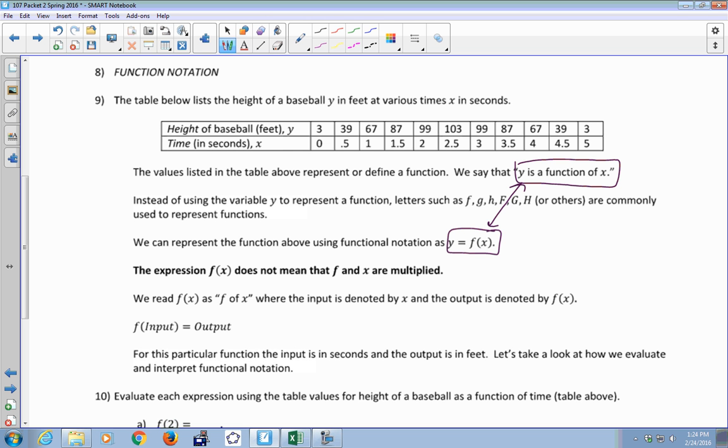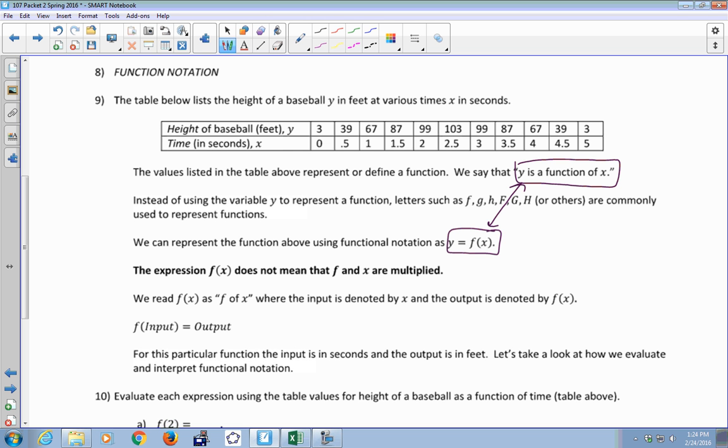Really important, this f parentheses x does not mean multiplication. It's really important to keep that in mind and not confuse yourself and think that it means multiplication. You read this f parentheses x as f of x or function of x.